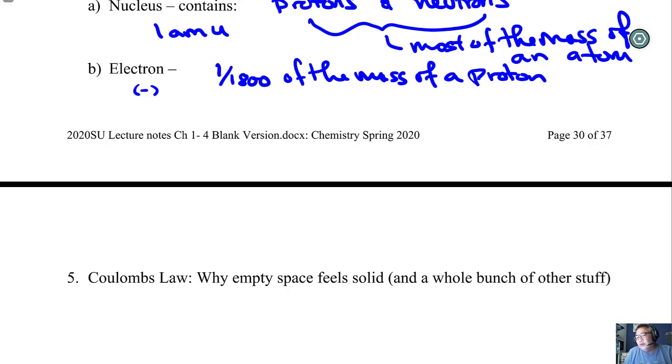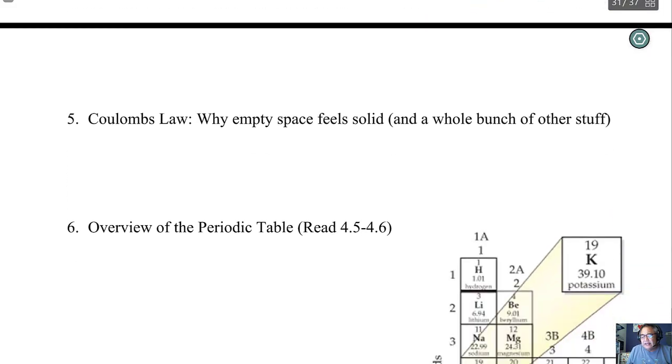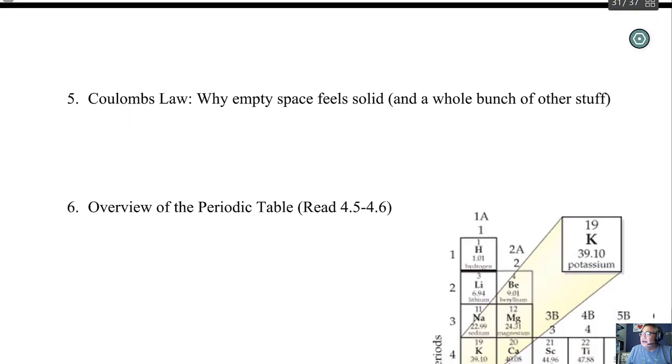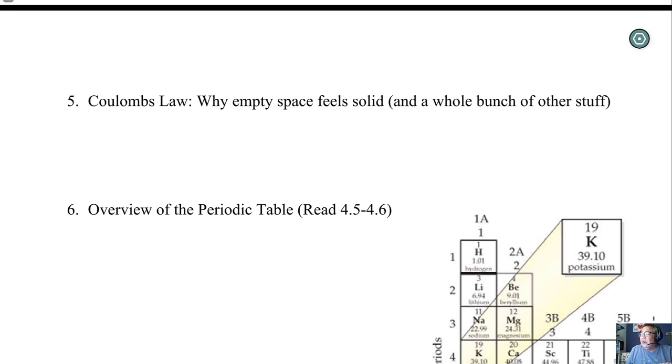Now, there's a thing called Coulomb's law, and we'll come back to this idea in just a second. In Coulomb's law, oppositely charged particles attract each other, and similarly charged particles repel each other.